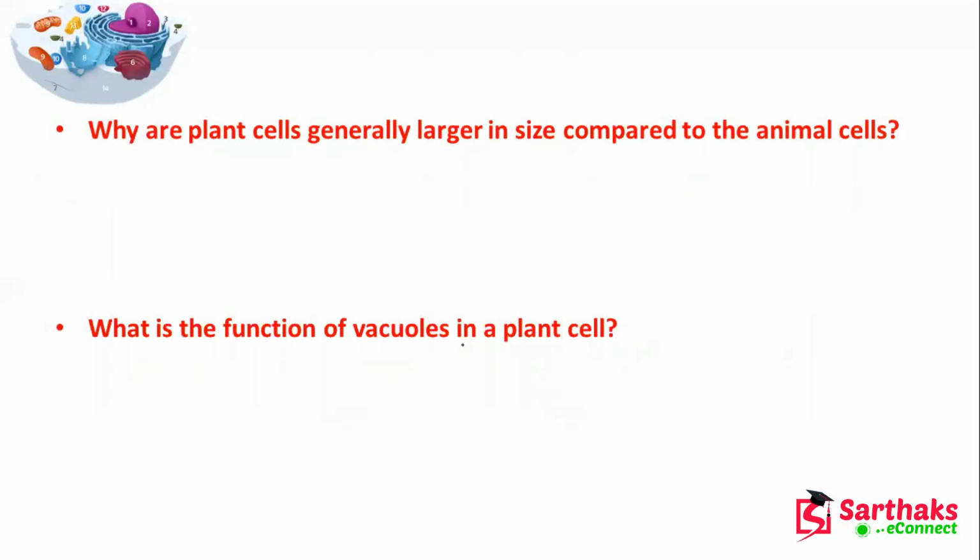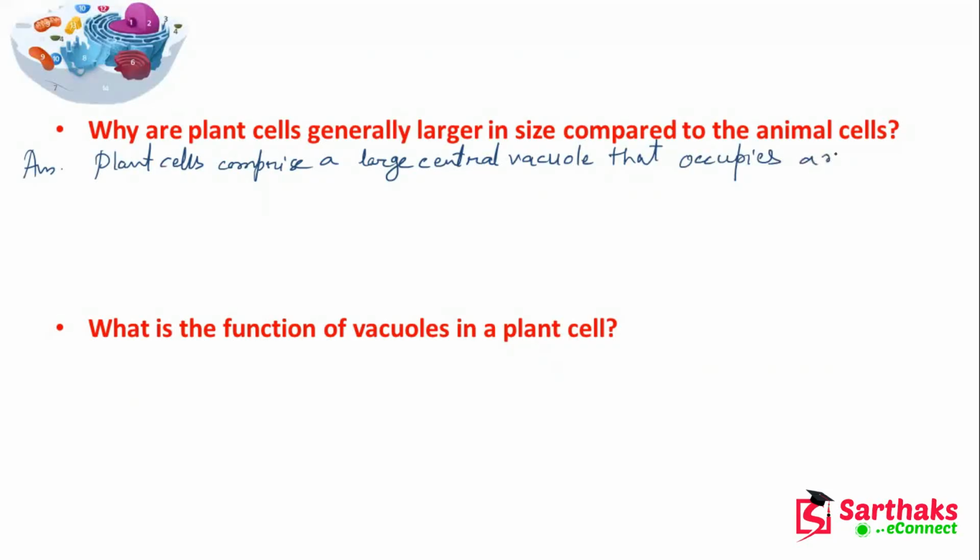Next question, why are plant cells generally larger in size compared to animal cells? Here, plant cells comprise a large central vacuole that occupies a majority of the volume and makes the cell larger.